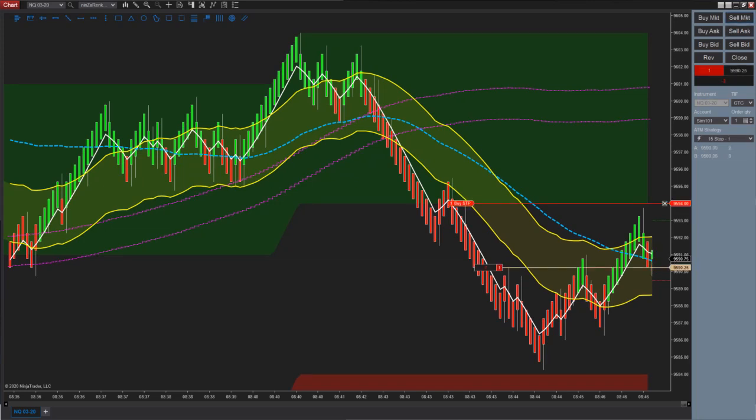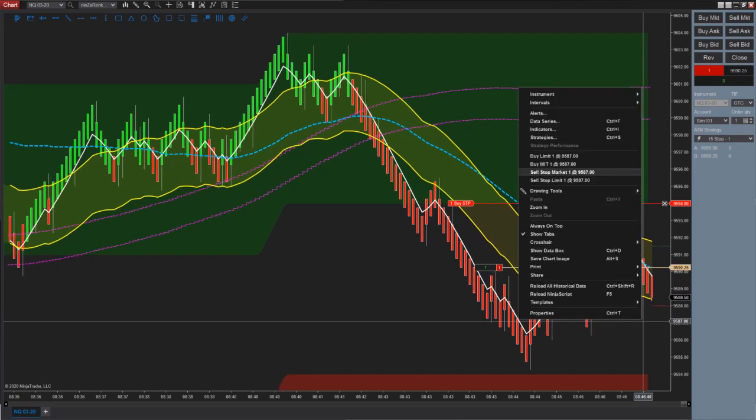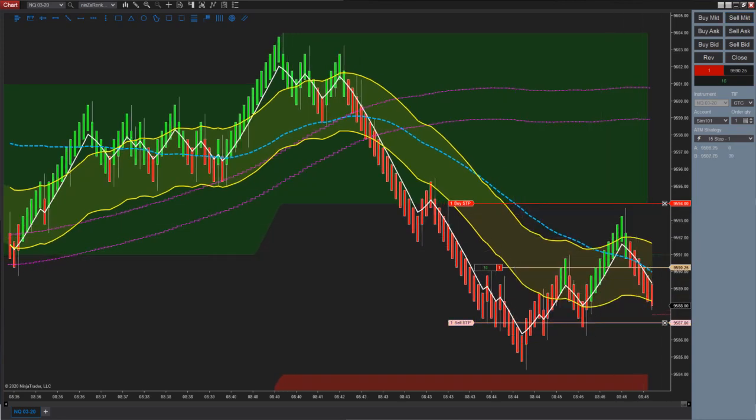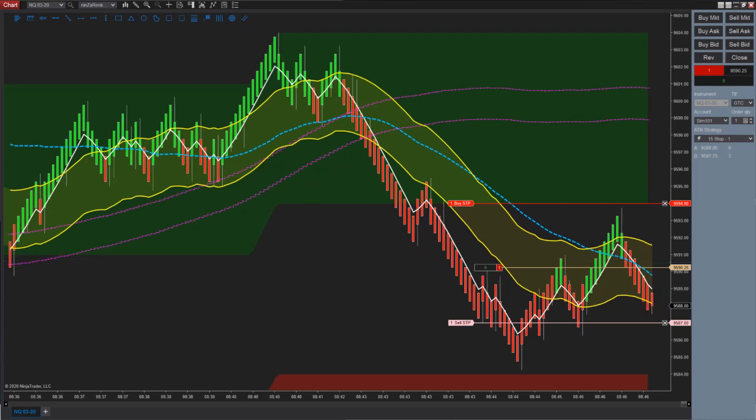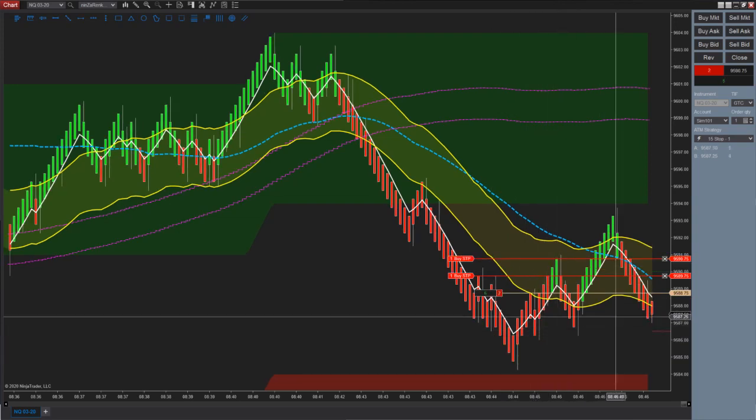Order filled. We're down. Order submitted. We'll go here. Raise a couple of ticks, just because of these higher lows. Order filled.